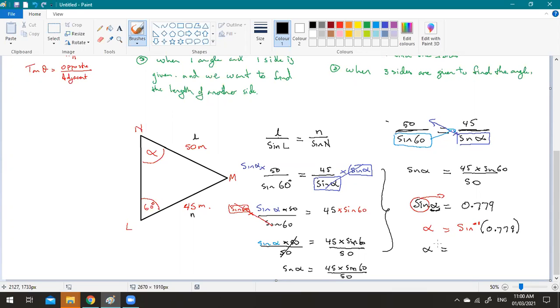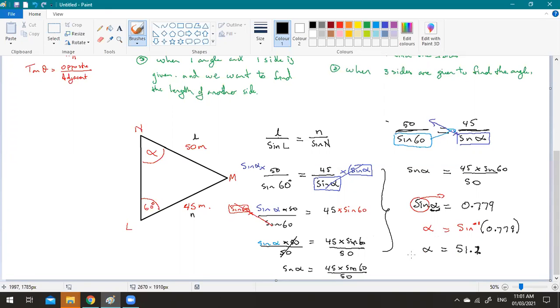Second function, then sine, and then type in 0.779. And we get 51 point something, 0.12.